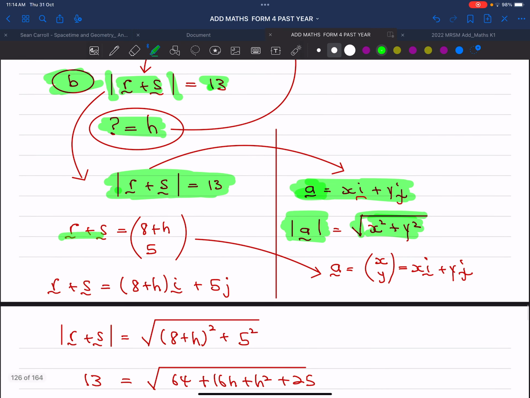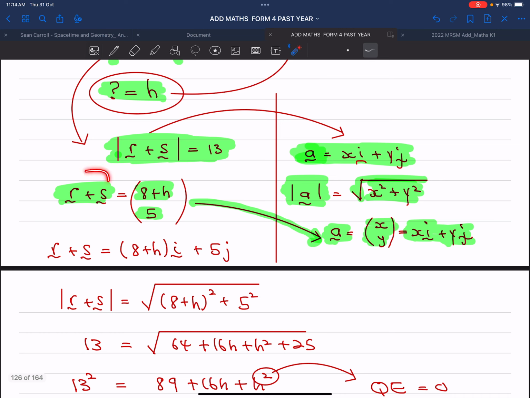So our vector R plus S is (8 plus H, 5). And if you remember the notes, a vector written in column x, y is the same as xi plus yj. So this vector R plus S in column will become (8 plus h)i plus 5j, which I have written here.